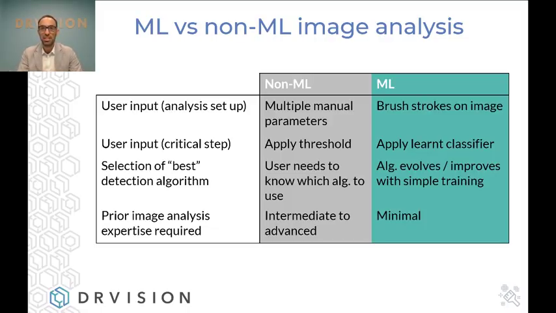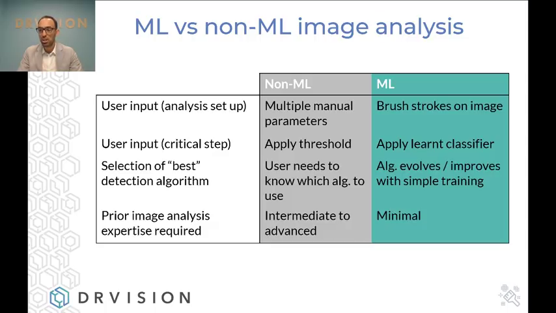And then deciding what is the best possible algorithm for a particular application would normally be the responsibility of the user to decide: okay, I need to use this particular plugin or this particular algorithm that has these steps. And you need to know what those steps are, and you need to understand in detail what they're for.